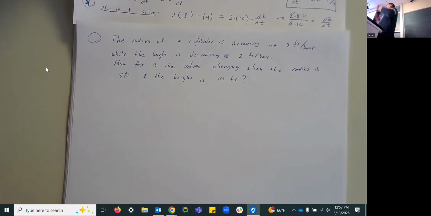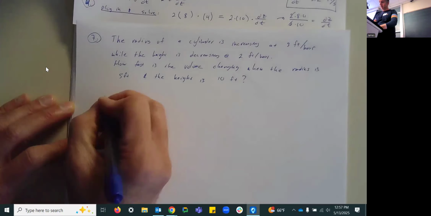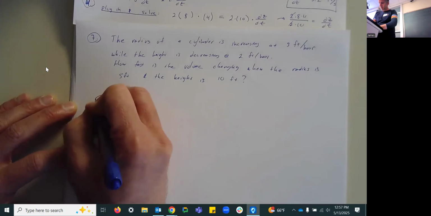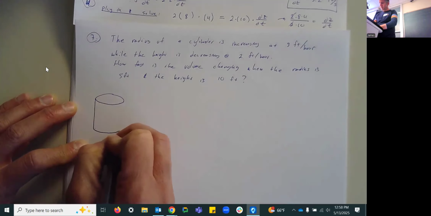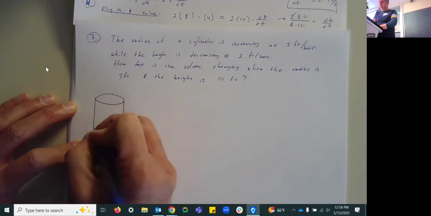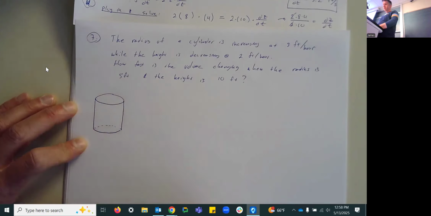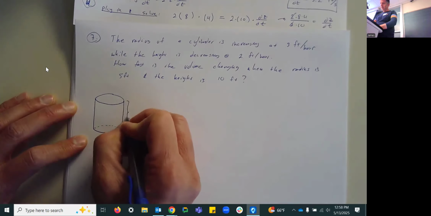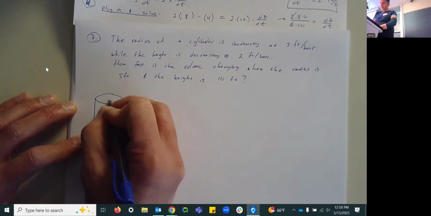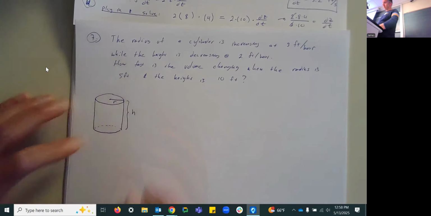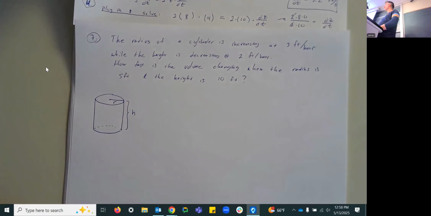All right, so usual steps. I'm going to draw a picture. My shape is a cylinder. I'm going to draw a cylinder. And since they've told me that both the height and the radius are changing, I'm just going to label that as the height, and that as the radius.